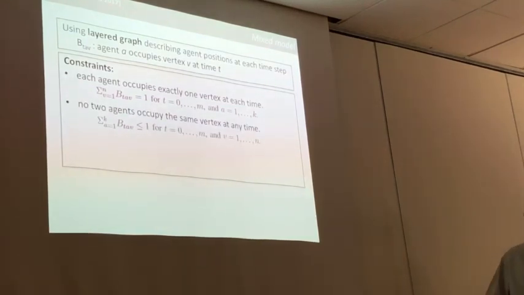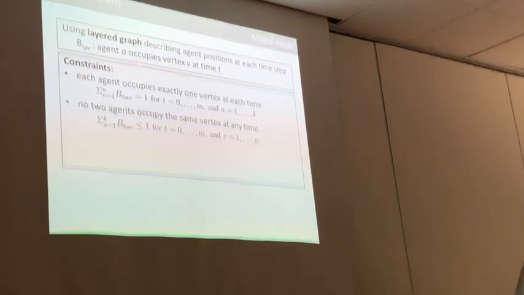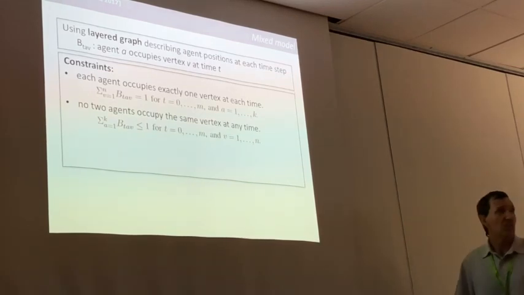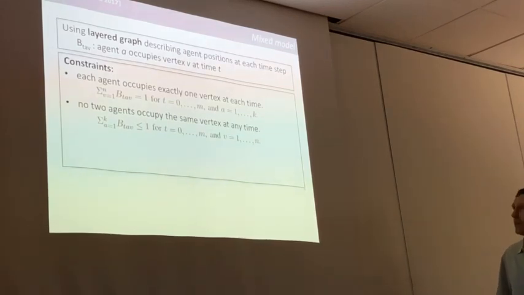We can say that no two agents occupy the same node, so we take all the variables for that node in a given layer through all the agents, and the sum of them must be smaller or equal to 1, meaning 0 or 1 agent can be there. This is like the at most 1 constraint.